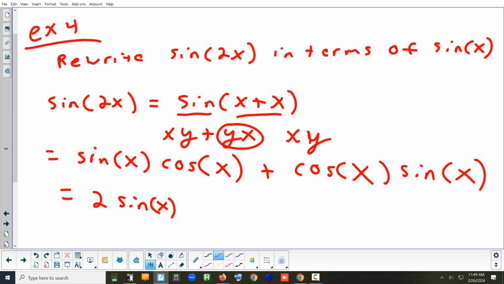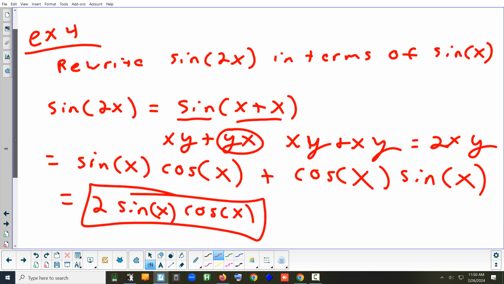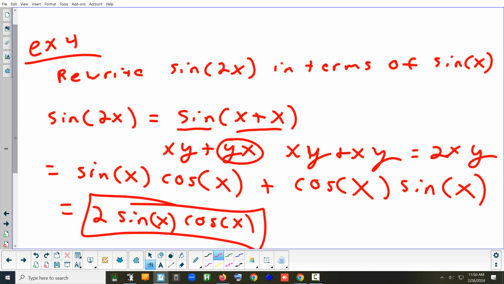So what's x times y plus x times y? 2xy. You have 2 of the xy's. So it's just cosine x, 2 of the sine cosines. Yes. That's how you get rid of a 2 inside the argument for sine. You turn sine 2x into 2 sine cosine.